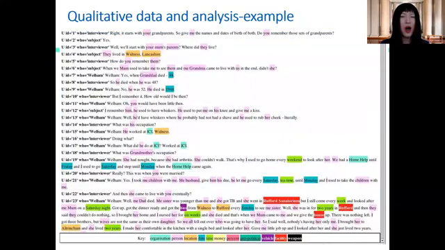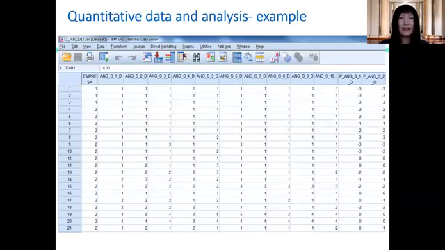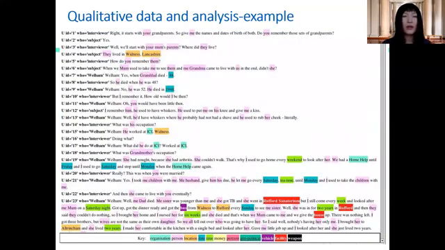The most obvious difference between the two is that quantitative data is about numbers, isn't it? The digits, numbers, as you can see from this image in the middle, they are all numbers, the ones, twos, threes, fours, fives, etc. Whereas here, no matter whether they are highlighted or not, they are all text, isn't it?